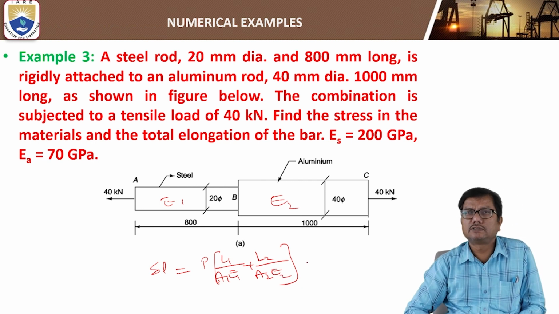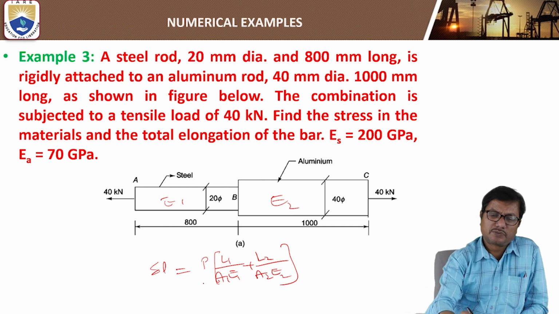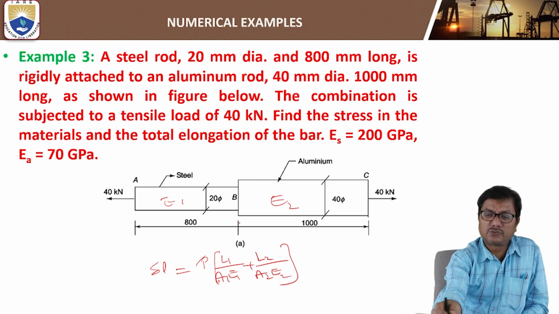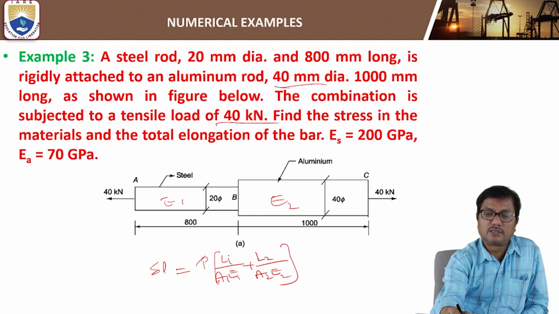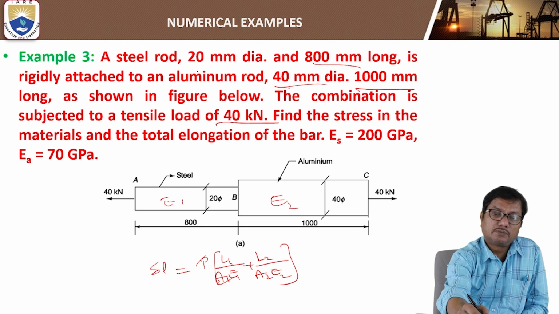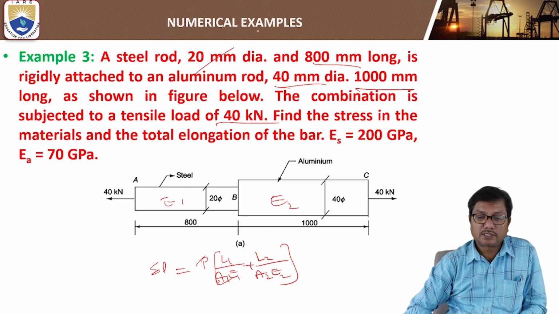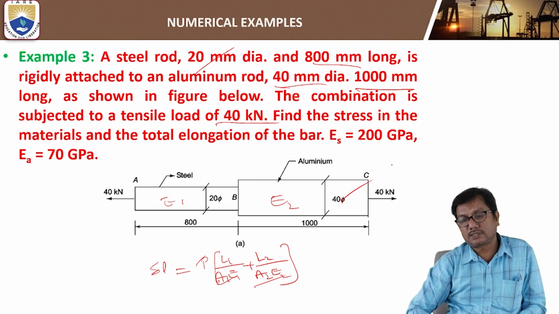Because the materials are different, Young's moduli will be different. So here substituting the values: load P is 40 kilonewtons, L1 800 mm, L2 1000 mm, and A1 is pi by 4 into 20 square, and A2 is pi by 4 into 40 square.